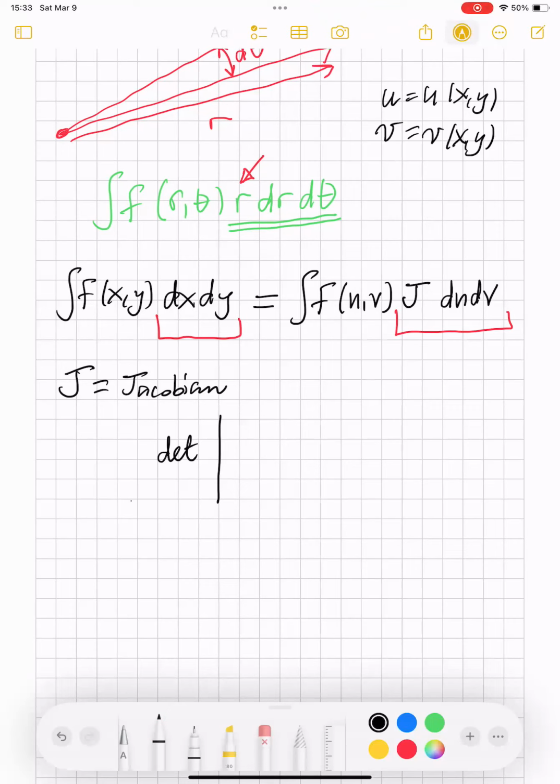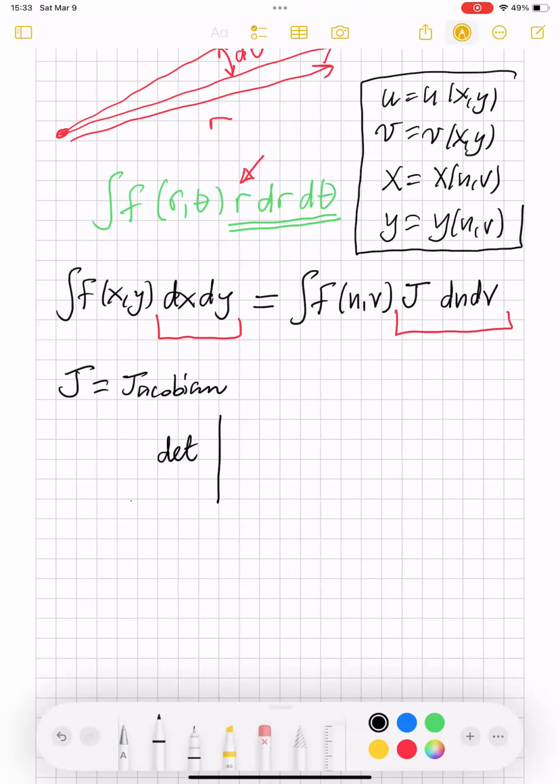And if this is a good change of variables, then we can also write x as some function of u and v, and y as some function of u and v. So let's imagine that we know this coordinate transformation. Given u and v, we can work out x and y, and given x and y, we can work out u and v.